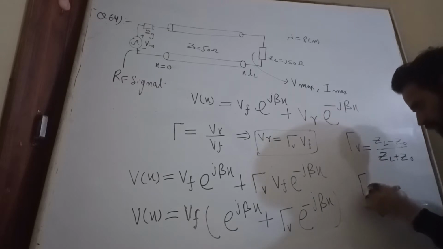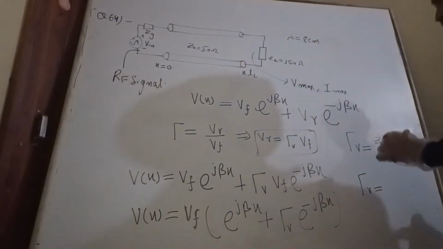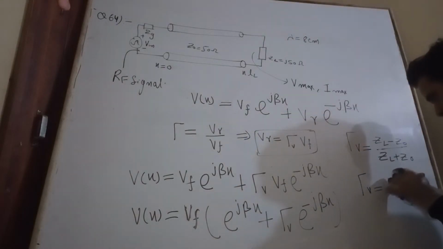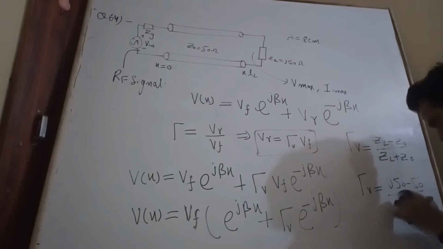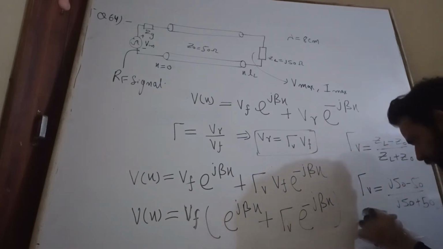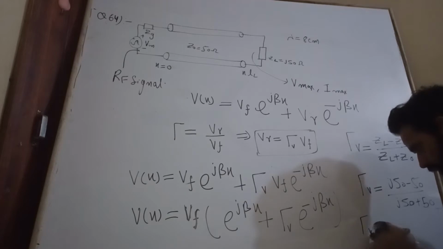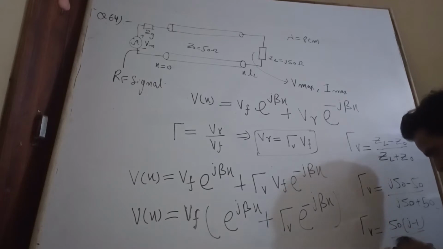The load impedance is j50 ohm, so tau is j50 minus 50 divided by j50 plus 50. Taking 50 common, tau v is equal to (j minus 1) divided by (j plus 1).